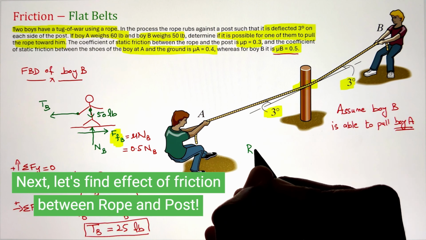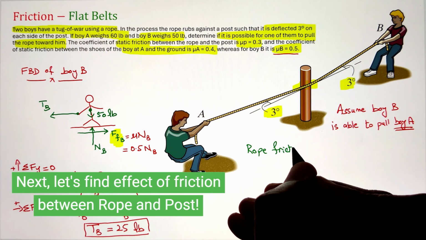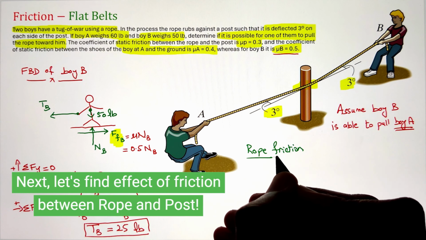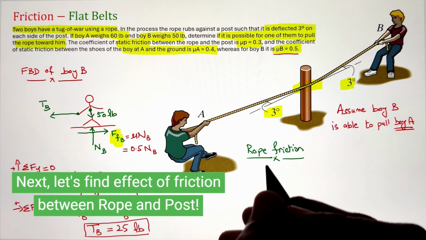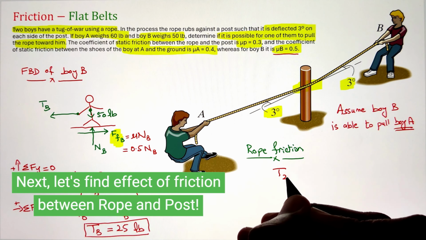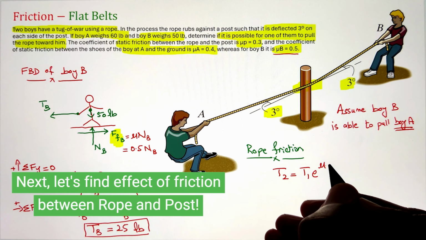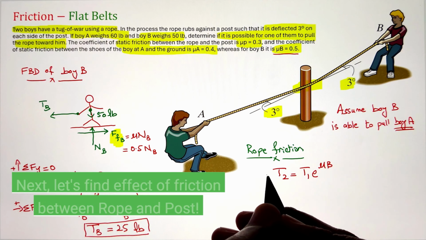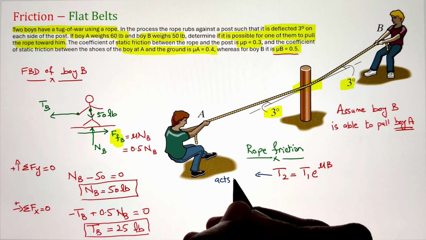Now, once we have the tension in the rope at point B, let's figure out the frictional force between the rope and the post. To do that, we have an expression given as T2 equals T1 times e to the power mu beta.